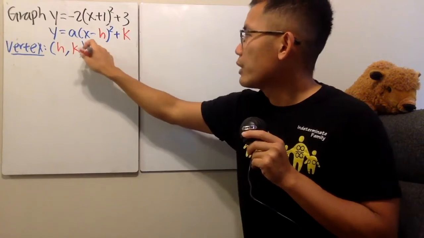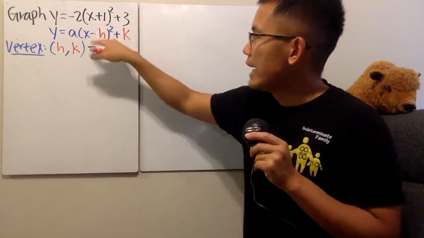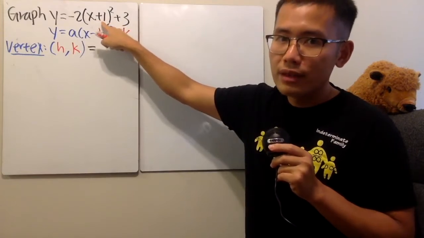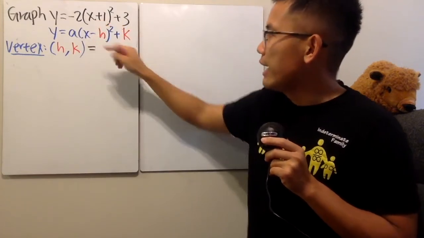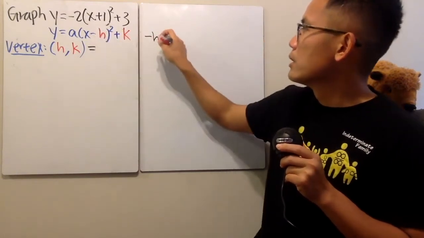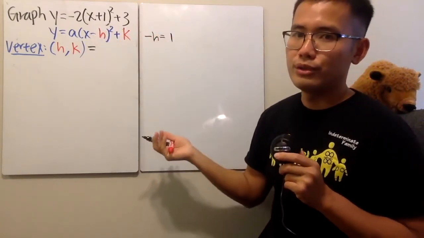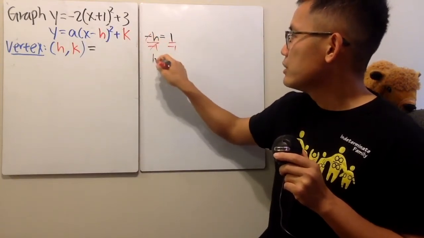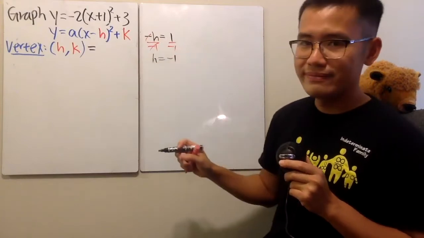So in our case here, notice that you have the 1 right here, and this is the positive 1. That's equal to negative h. So have a look. We have negative h. Yeah? It's equal to positive 1. So what's h? Well, you just have to divide both sides by negative 1. So you get h is actually negative 1.